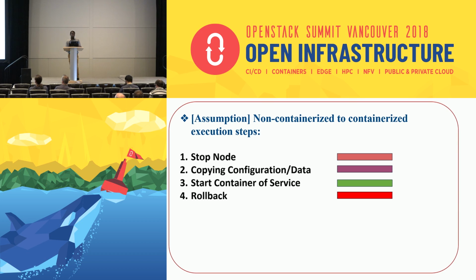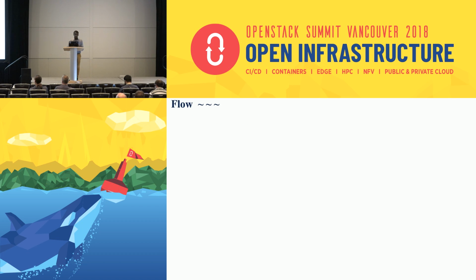So what can be the possible steps if we are going to migrate from non-containerized? The containerized execution steps with Kolla are: stop node, copy the configured data, start the container of the service, and roll back in case your migration fails.